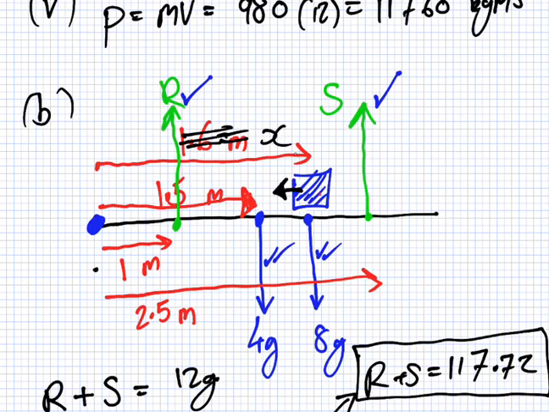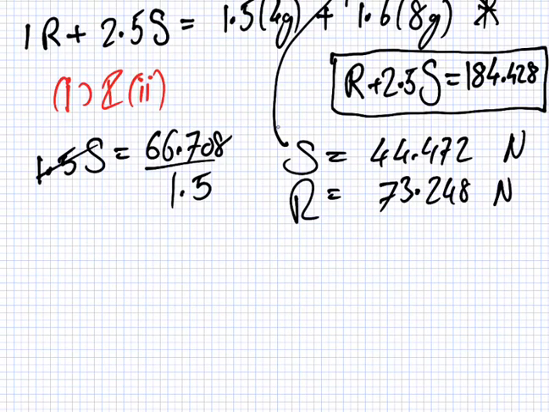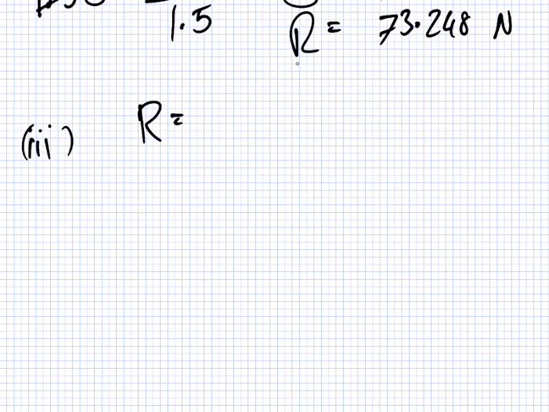Oh, and by the way, the R is no longer going to be the same. It'll be bigger, you're right, because it's bearing more of the load. Okay, so we can use this equation, except something's changing it. And we can use this equation, except something's changing it. So now I have R equals 12G, because S is 0.